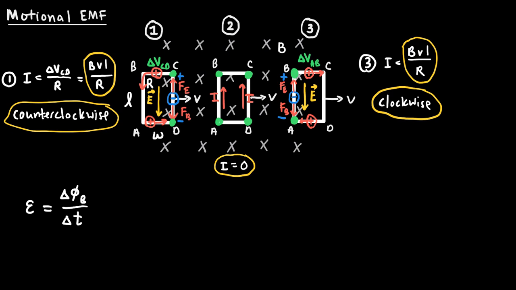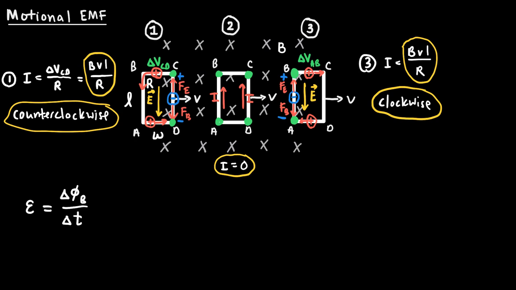At location number 2, the entire conducting square is inside the magnetic field. Because the entire thing is inside the magnetic field, the flux through the center of this conducting square is not changing. Since this entire region is a uniform magnetic field, there's a constant magnetic flux coming off of that.